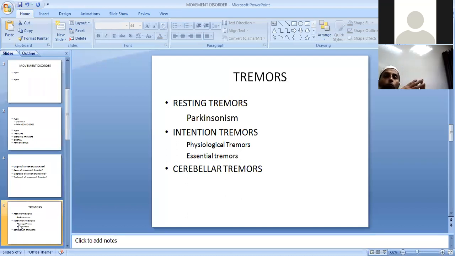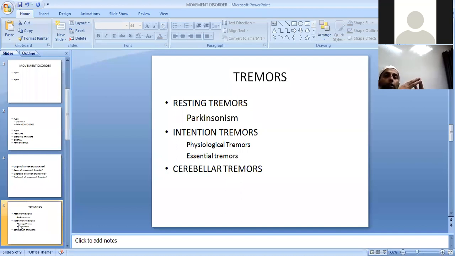Because whenever you're in stress or in depression, all of us feel tremors, right? These are called physiological tremors. This is a normal tremor, and you might have noticed that when you're facing exams or a difficult situation, your hands might tremble, your legs might tremble, your voice might tremble. So that is what a normal tremor is.